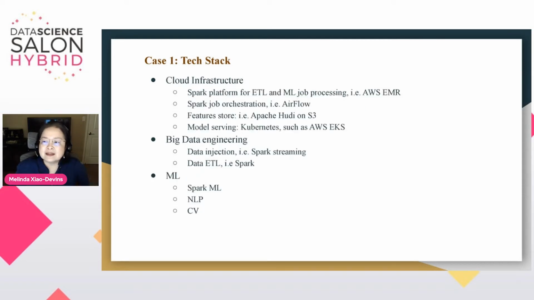And from the different components of the project, there is involvement in cloud infrastructure. And in some cases, if you want to build a Spark platform for the ETL, the data extract, transformation, and load, you also need to execute machine learning jobs on the Spark platform.